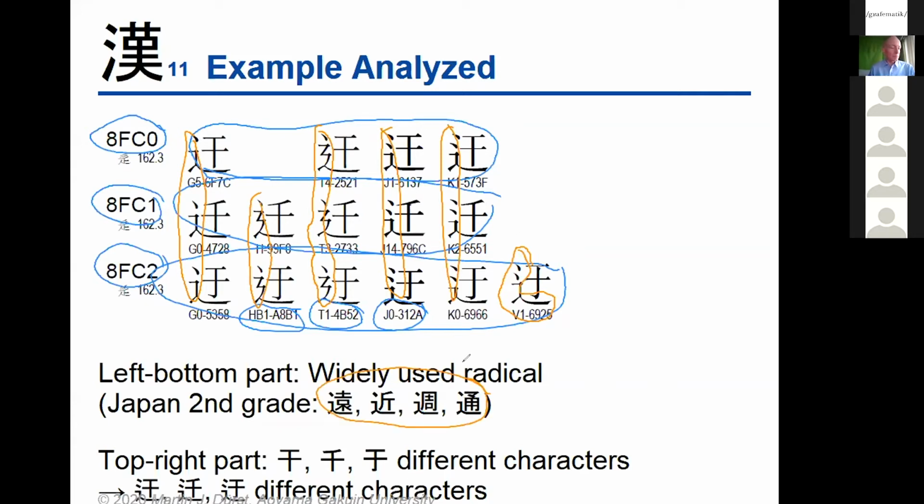For example, in Japanese, second grade students already learn 4 of these characters with this part, whereas the top right part, if you look at it individually, is different characters, and so it's easy to guess that these 3 different groups of glyphs are also different characters.